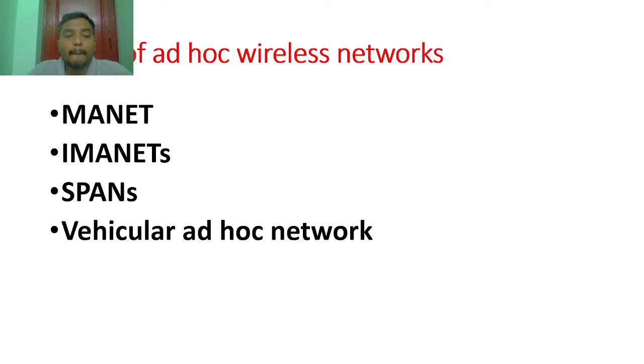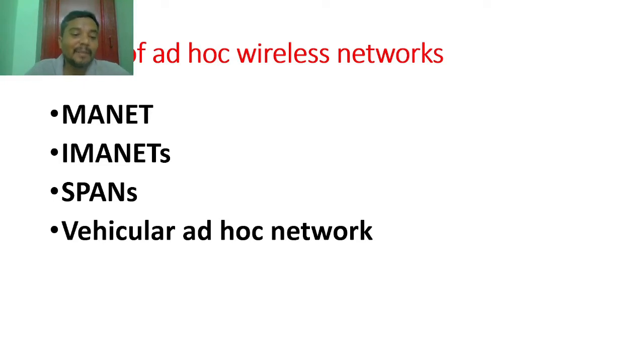Another type is the wireless mesh network. The wireless mesh network is another type of ad hoc technology. It is a radio network set up in a mesh topology, consisting of mesh clients, mesh routers and gateways.